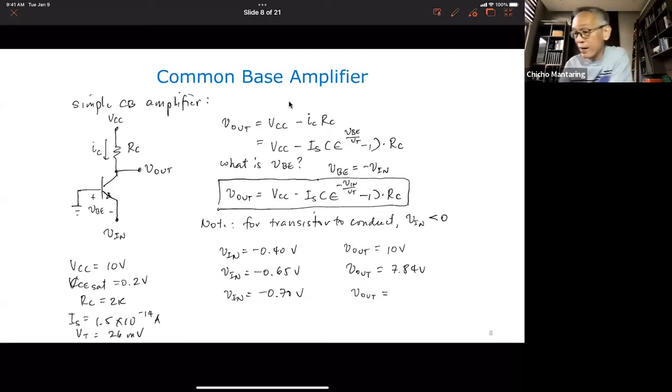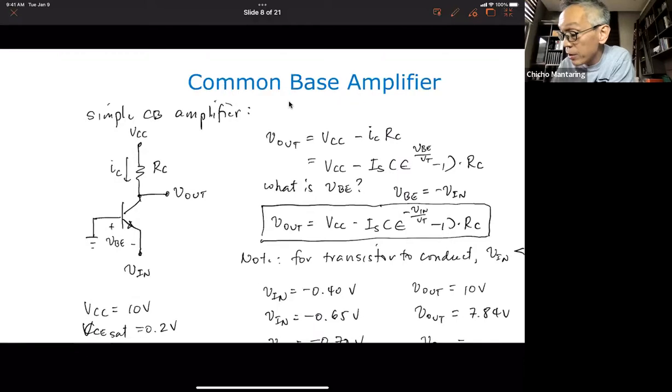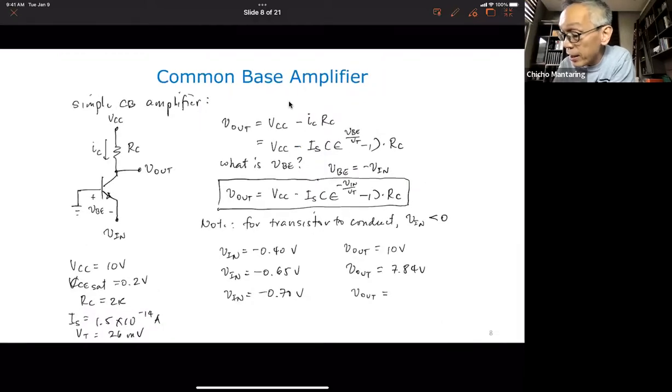Because when V in is equal to negative 0.7, this transistor is already saturating. When this transistor is saturated, the value of this VCE will be equal to VCE SAT.